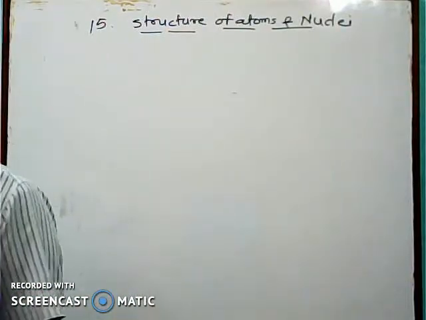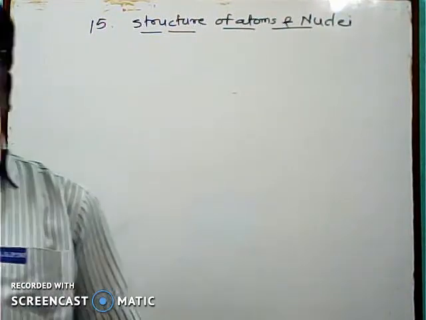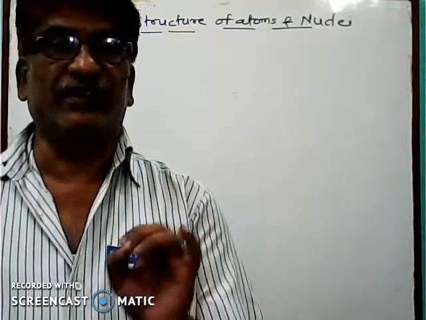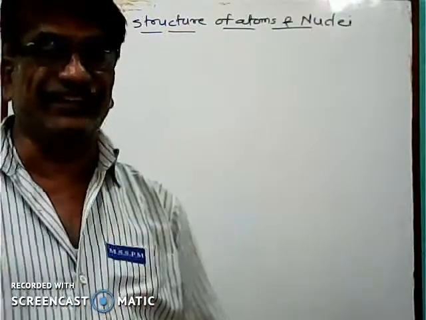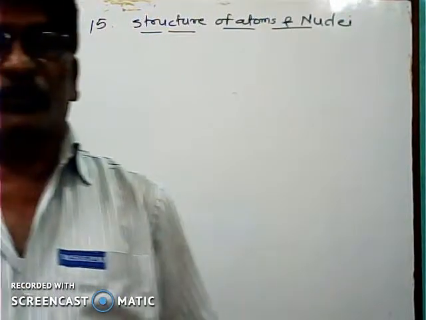Different atoms do not have the same size. So the number of nucleons present in an atom, that is the number of protons and the number of neutrons.